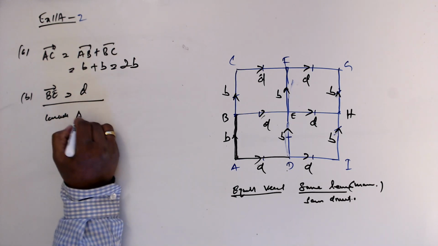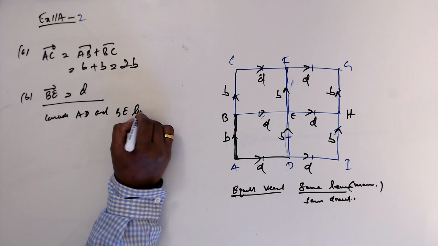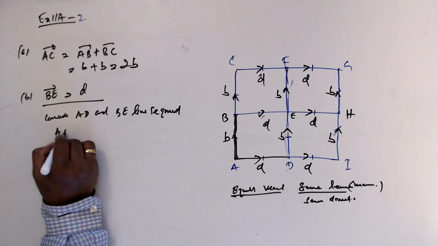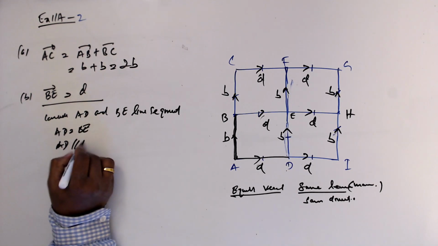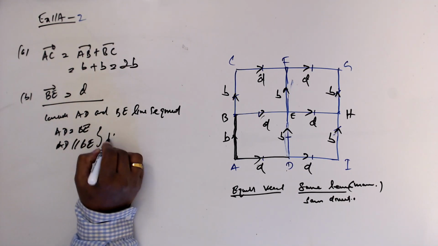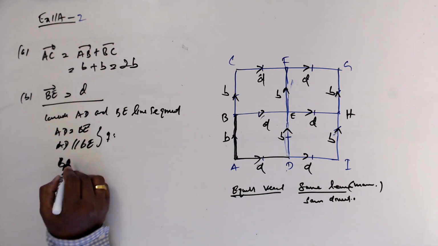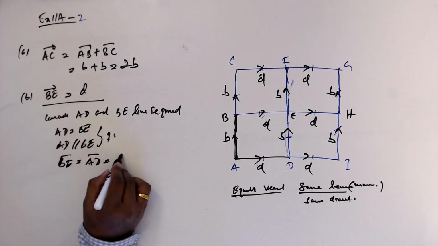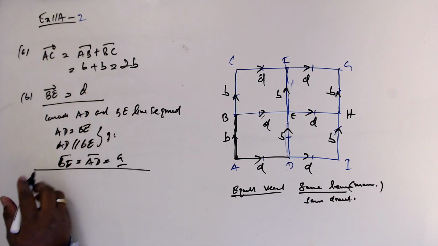Consider AD and BE line segments, then AD equal to BE, AD parallel to BE, hence BE equal AD equal D. That is good. Everything we did in one, but that's fine.